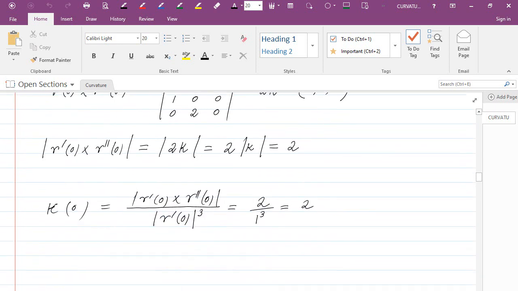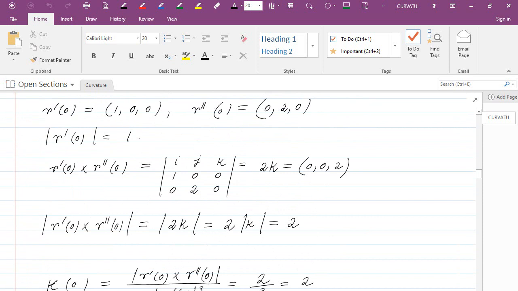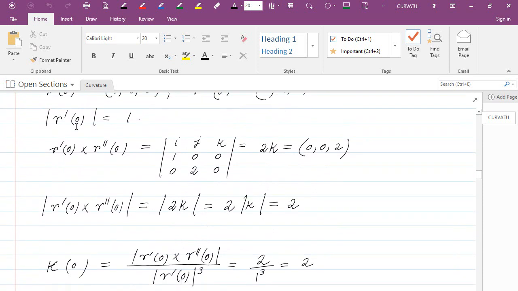So what is the curvature at t equals 0? Well, it is the length of r prime of 0 cross r double prime of 0 divided by the length of r prime of 0 cubed. We computed the numerator to be 2, and recall that we also computed the length of r prime of 0 to be 1.